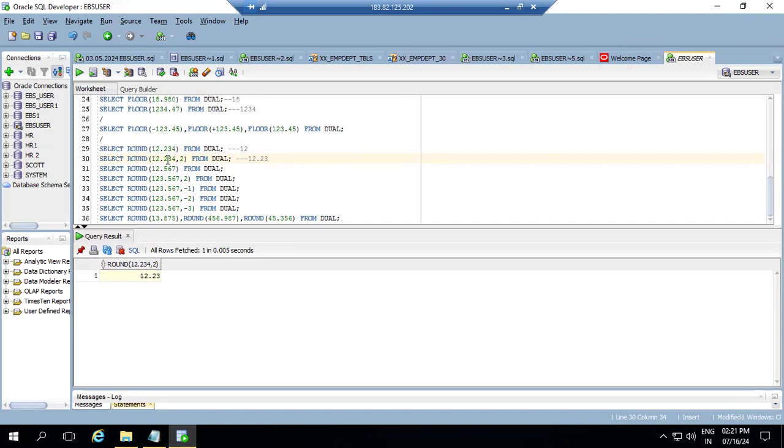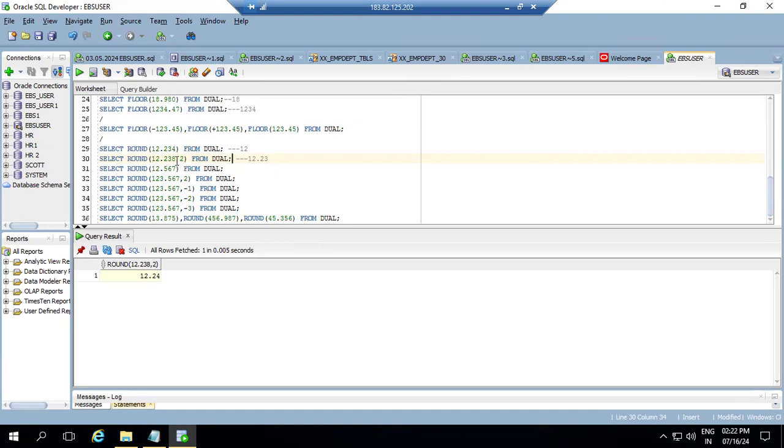This is the number or value, and the decimal places is how many decimal places you want, which you enter here. In case you give the value 12.238, instead of the last digit I'm mentioning 8 over here. So how will it consider? It will not show the same output, it shows 12.24.